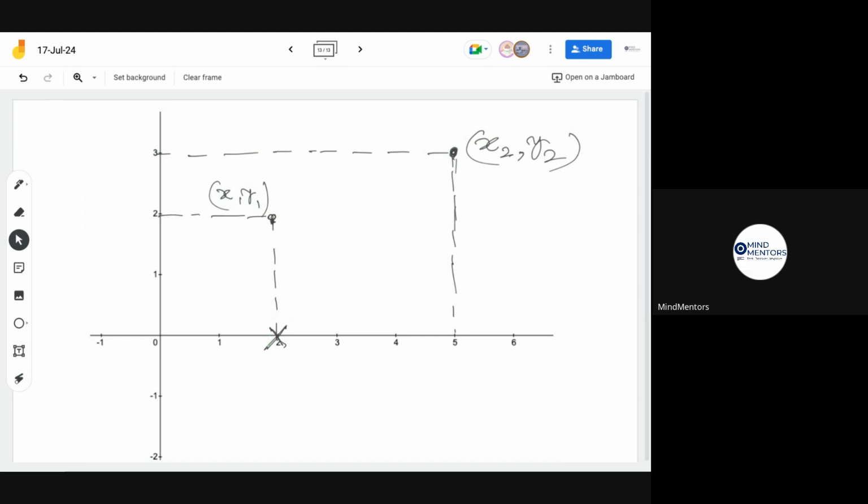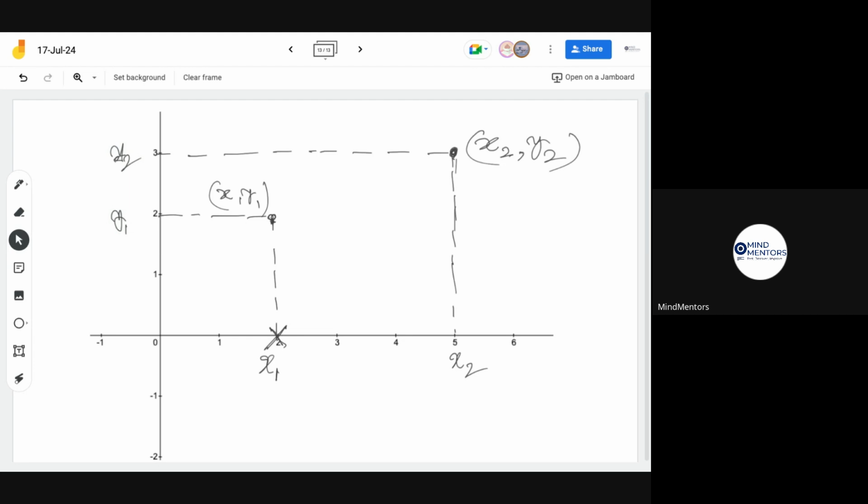Okay, so this one is x1, this one is x2, right? Yep. This one is x1, this one is x2, this one is y1, this one is y2. I'm not writing the other coordinates just to save the clutter.